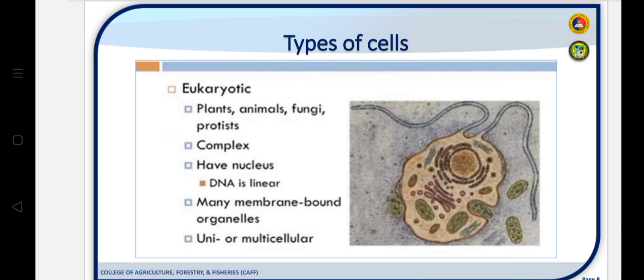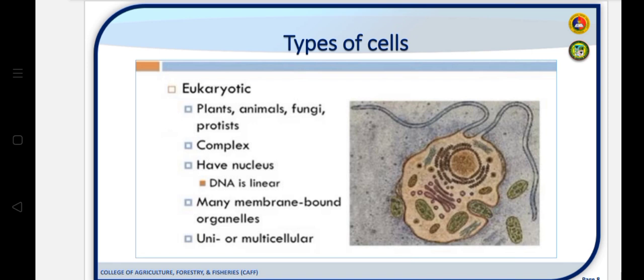So, almost everything you see around you, like trees, dogs, mushrooms, even the tiny amoeba, are made of eukaryotic cells. They are more complex than prokaryotic cells because they have many specialized parts. So think of them as a big house with many rooms, and each room having its own purpose, and that's why they are complex.